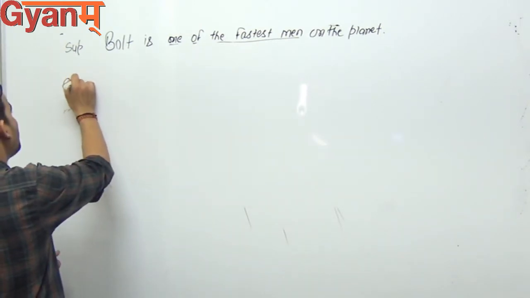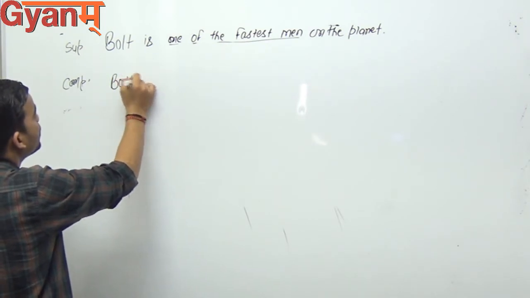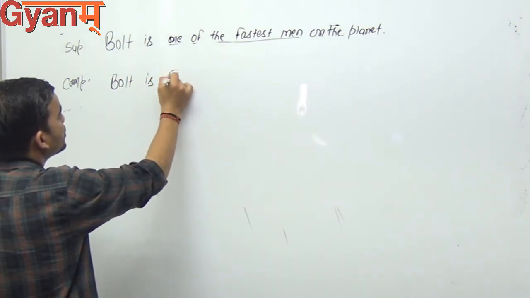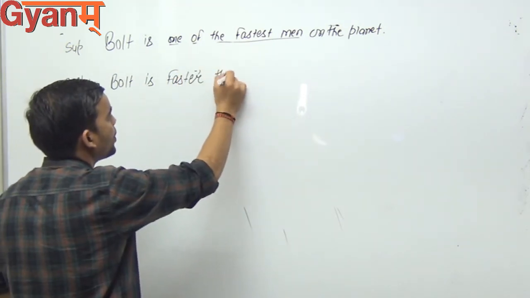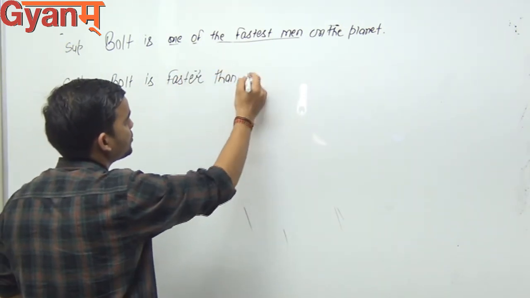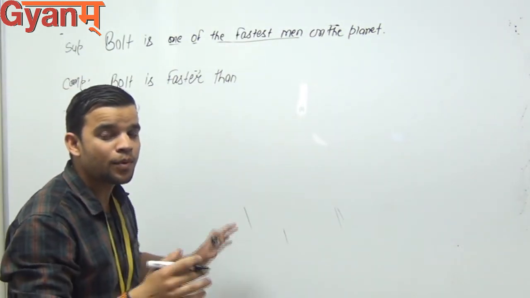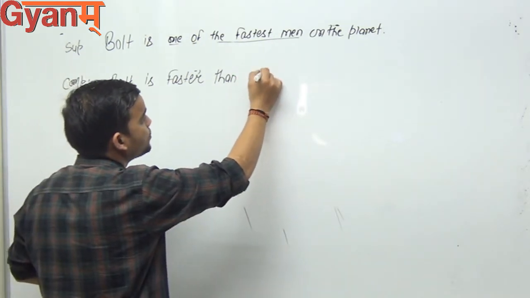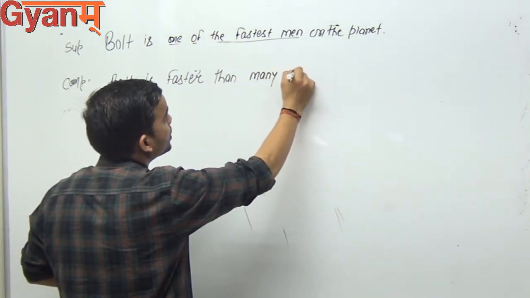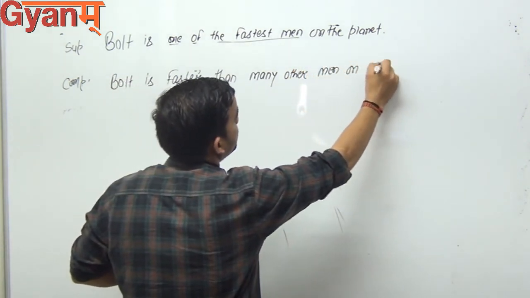In comparative, Bolt is again faster, identity of comparative degree, followed by than. Now I cannot write any other, because in any other Bolt is the supreme. So I have to write Bolt is faster than many other men on the planet.